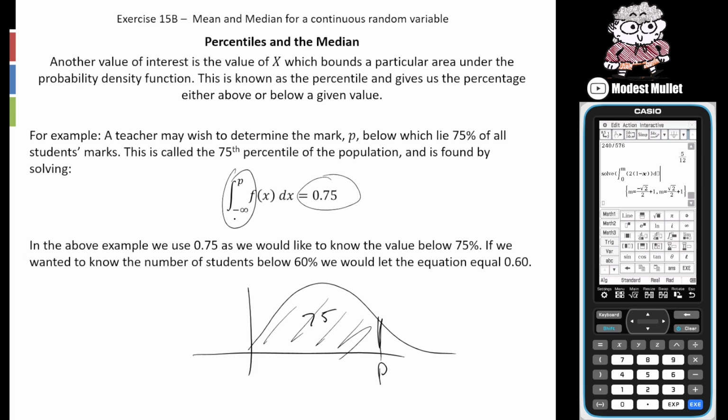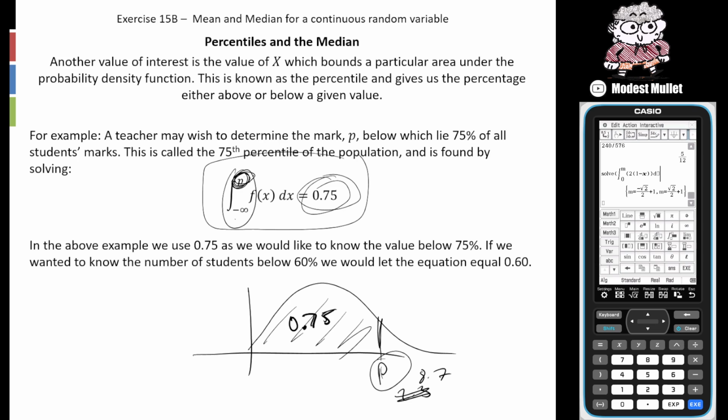That's what this is showing, from the lowest bound up to P, we want it to equal 0.75, which is 75%, or the area is 0.75. But the percentile is, well, what value does this occur at? Is this like 2.3, meaning 75% of the people are under 2.3? Could this be 8.7? We don't know, but we can use this sort of situation and solve this for P to find the percentile amount.